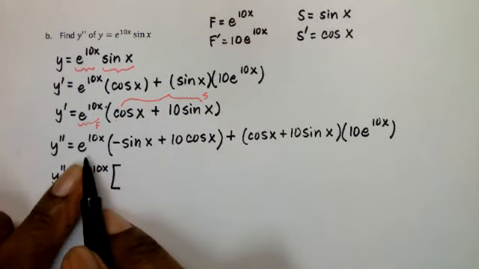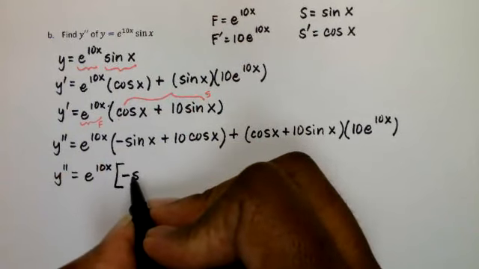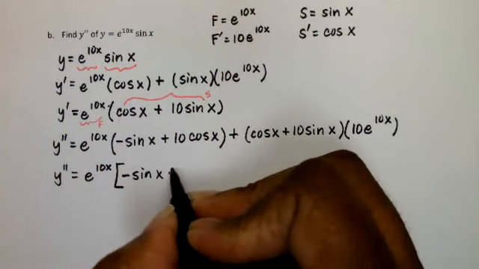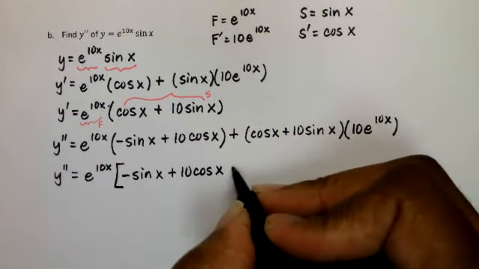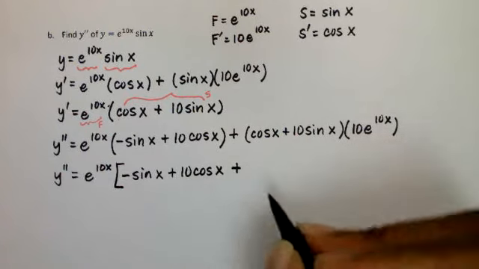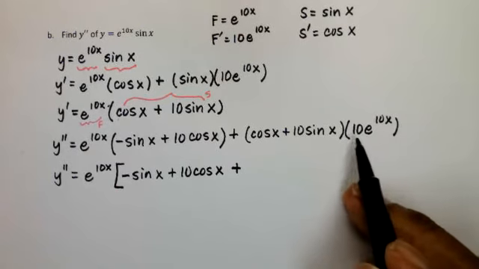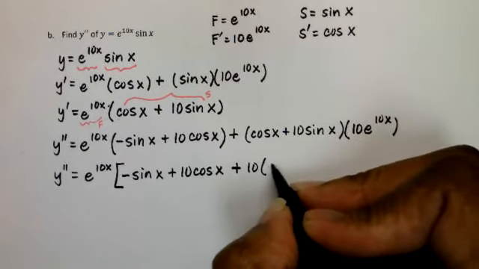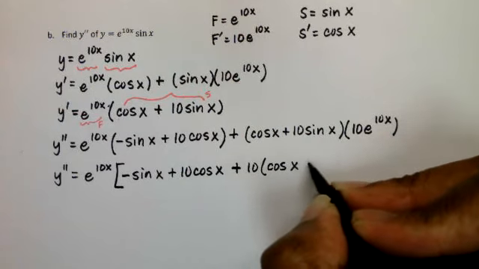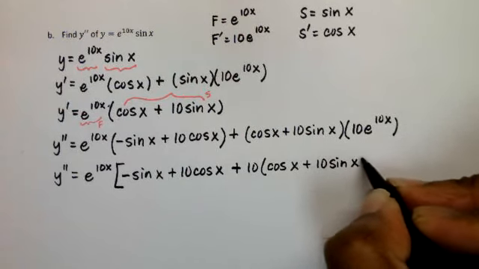If I take that e to the 10x out in this first term, I'm left with negative sine x times negative sine x plus 10 cosine of x, plus, taking out the e to the 10x, I'm going to have 10 times parentheses, cosine of x plus 10 sine of x.